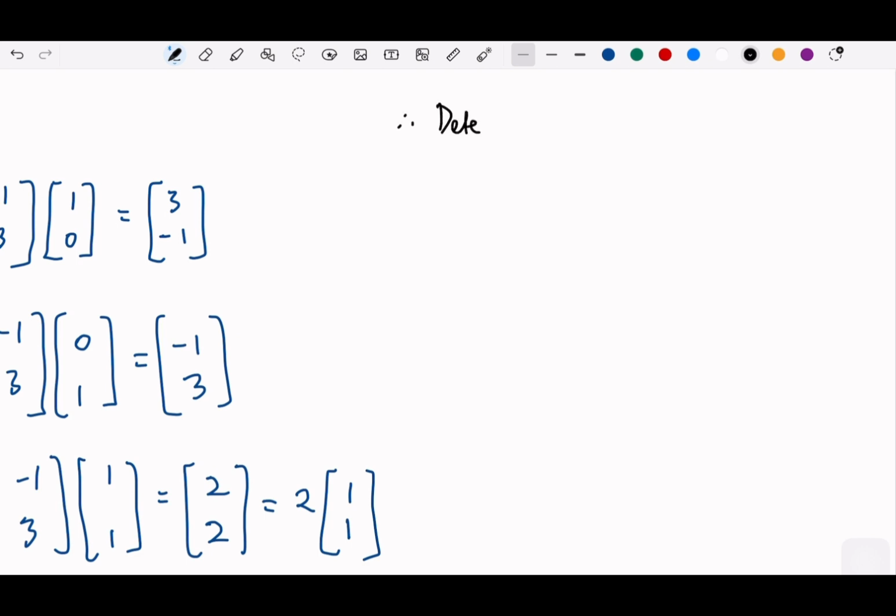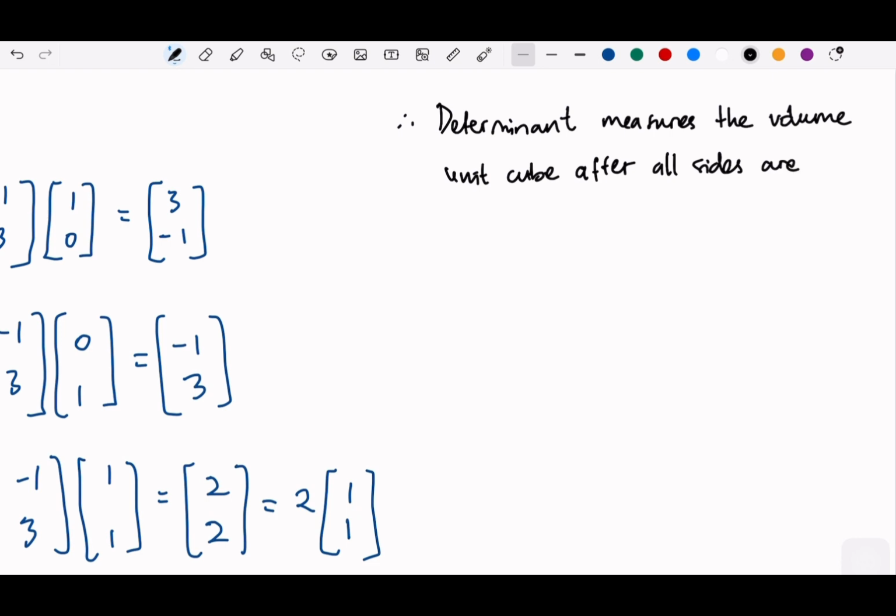The determinant actually measures the volume, or in 2 by 2 the area, of the unit cube after all sides are mapped through A.